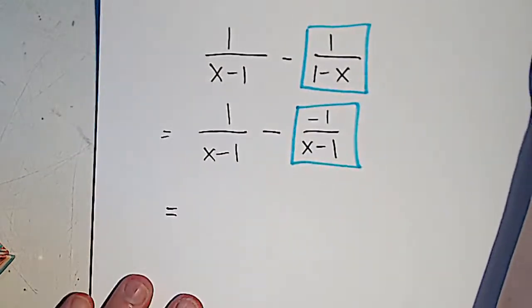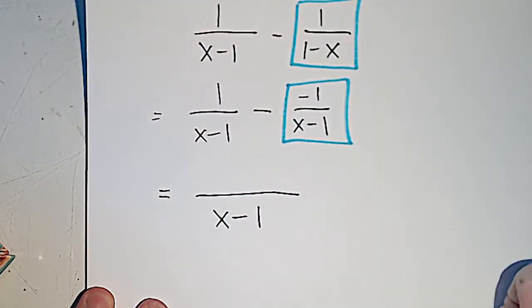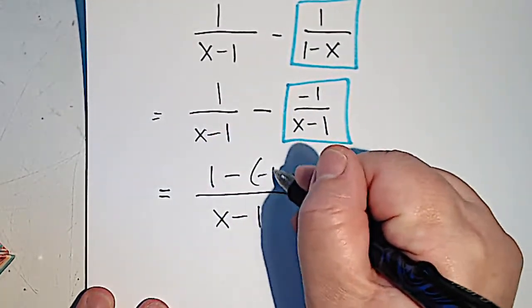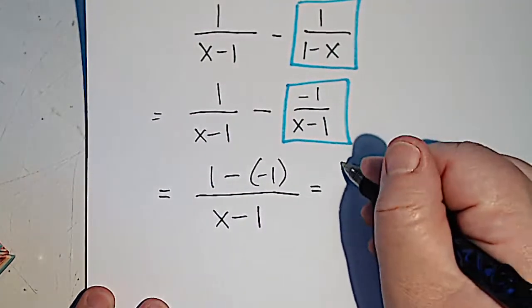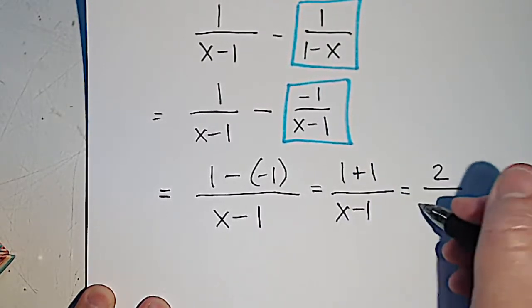Okay. And so that ends up being x minus 1 is a common denominator, 1 minus -1. So I get 1 plus 1 all over x minus 1, which is 2.